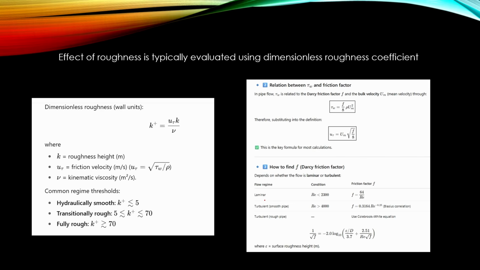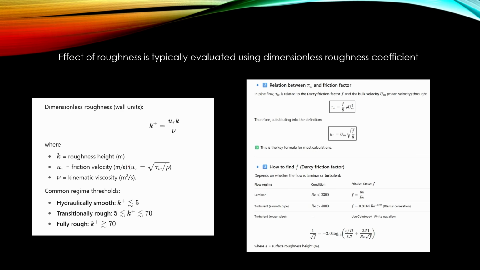If you have laminar flow, then this friction factor is a simple function of a Reynolds number. But if you have a turbulent flow, then you need to iterate to get this friction factor.